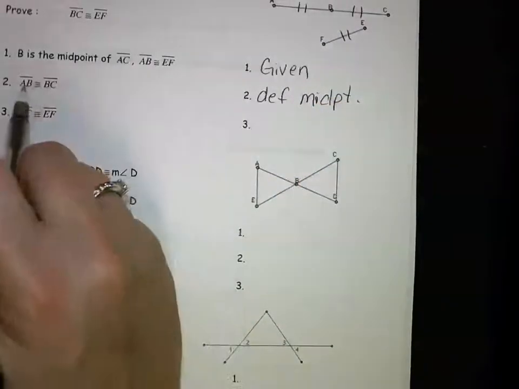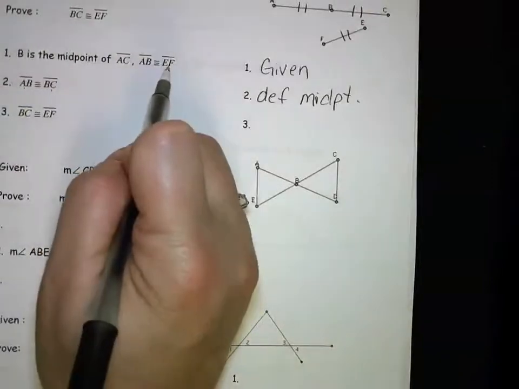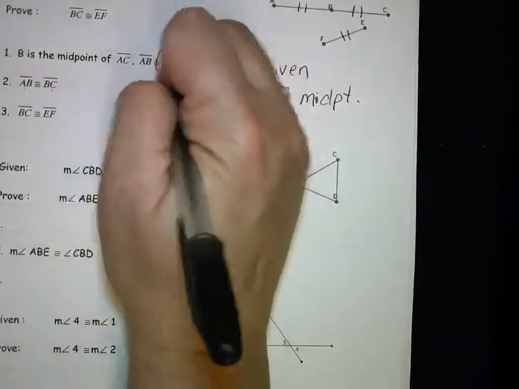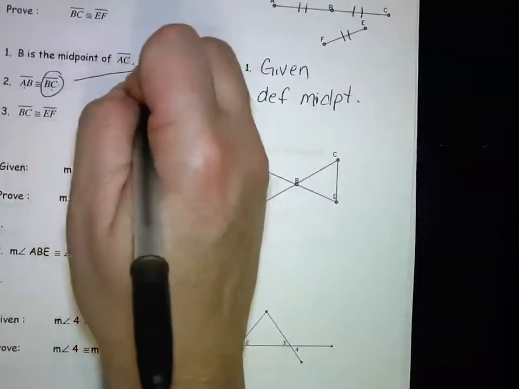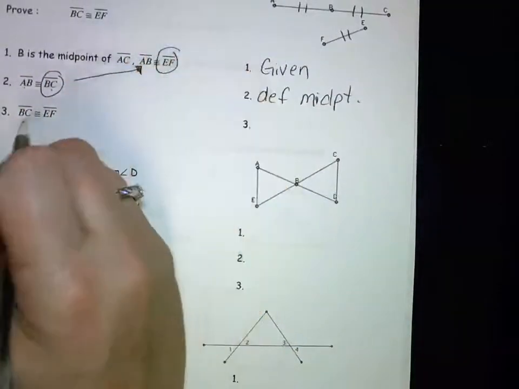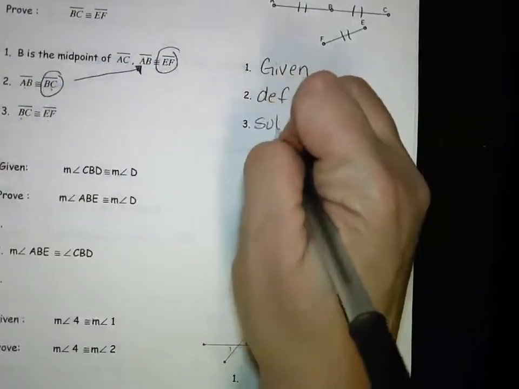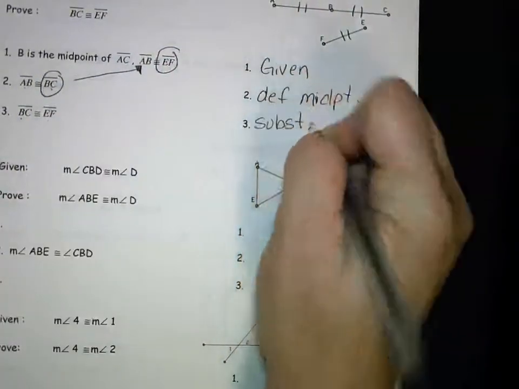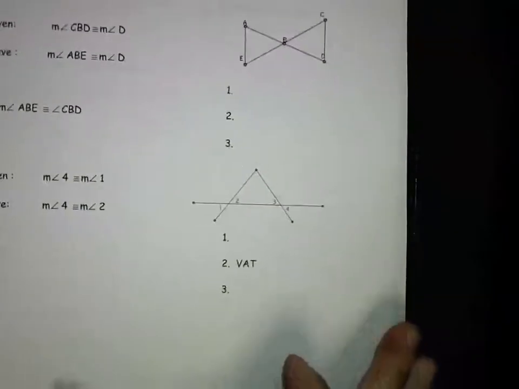Well, now we have AB equal to BC, AB equal to EF, so this can go take the place of that one, and you have BC congruent to EF by substitution. And we're going to use substitution a lot.